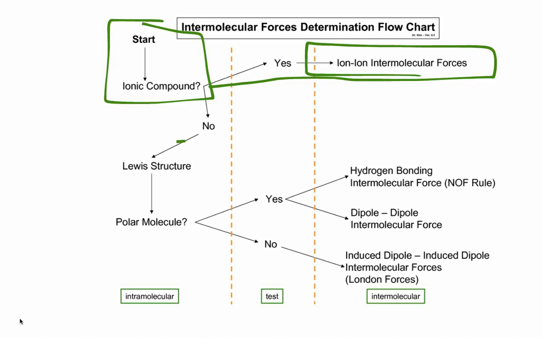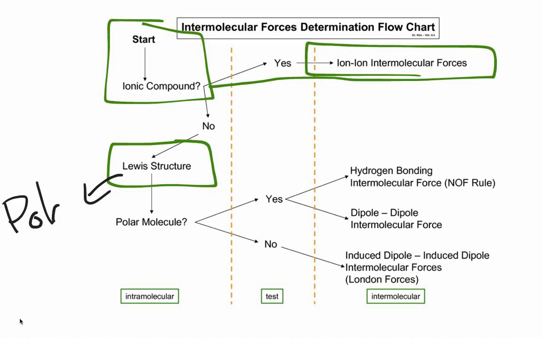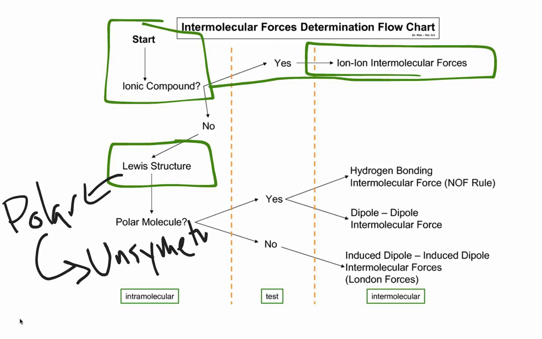If we have a covalent compound, we need to look at the Lewis structure, and we need to look for polar bonds. Now, are there any polar bonds? If there are, then we have to look. So there really should be more steps. At the Lewis structure, we'd ask ourselves, are there polar bonds? If they're polar bonds, then we'd have to say, is the molecule unsymmetrical? If it is unsymmetrical and there are polar bonds, then it can be a polar molecule.